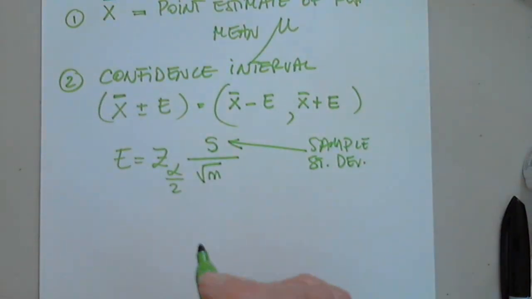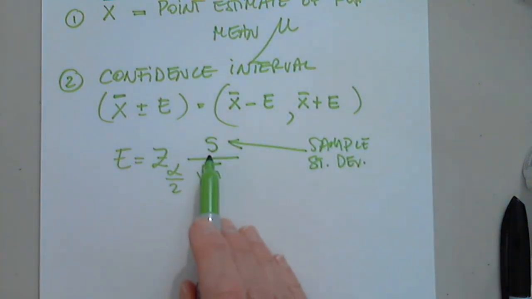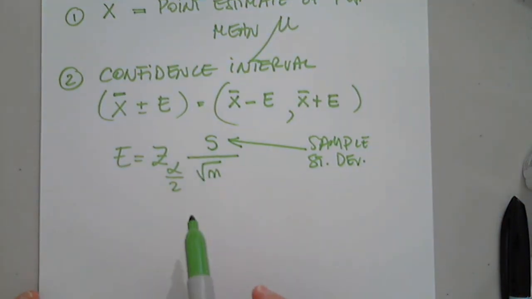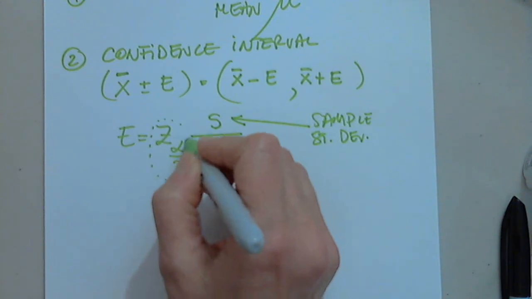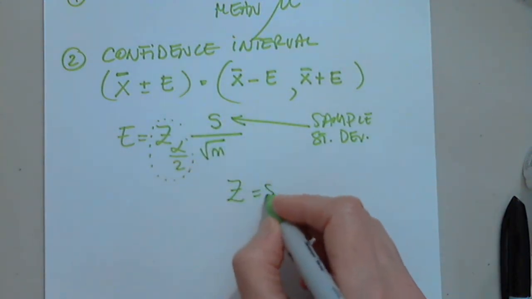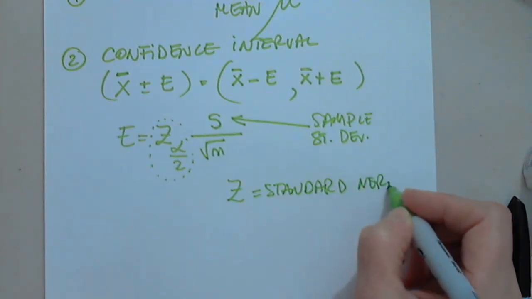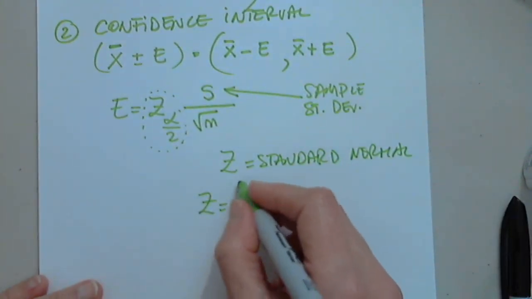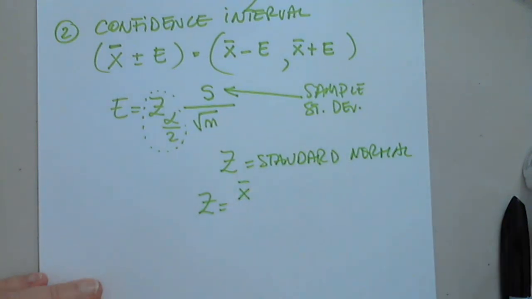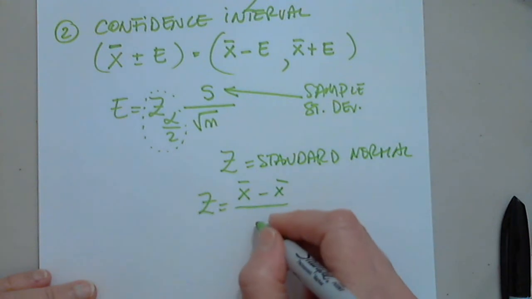Now, what happens is, because we do not have the population standard deviation, this distribution, which we know is the standard normal, what does it equal to? We know that from a long time ago. It's x bar minus mu, divided by the standard deviation.